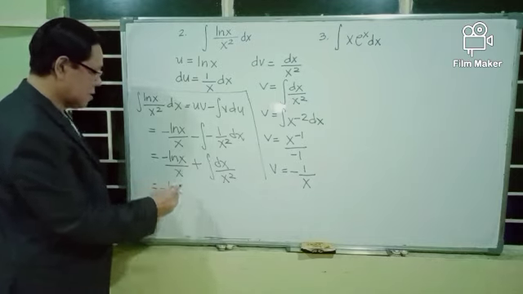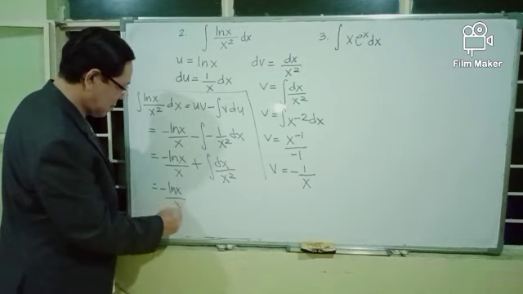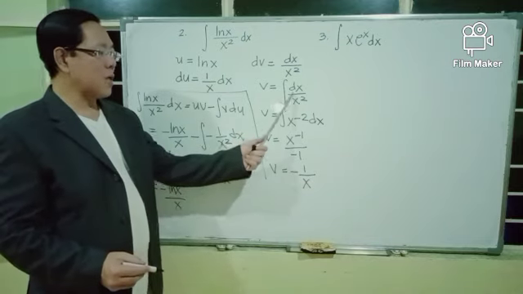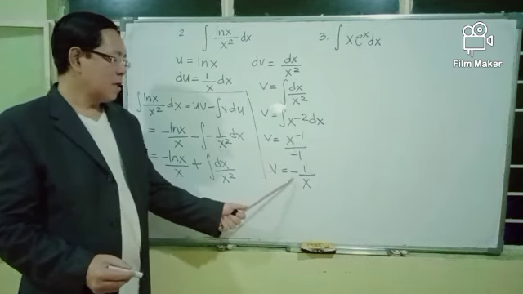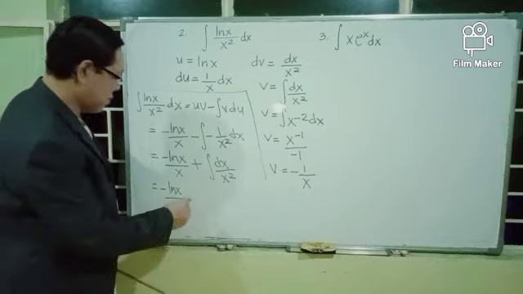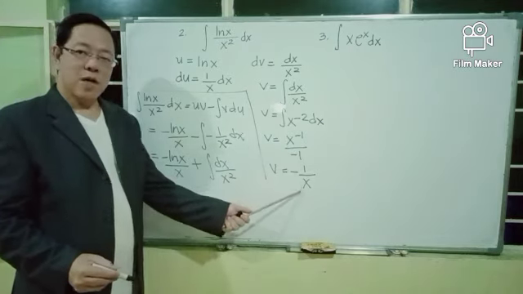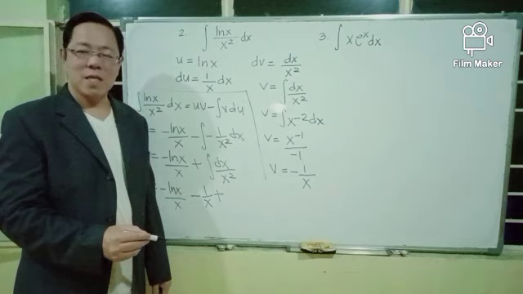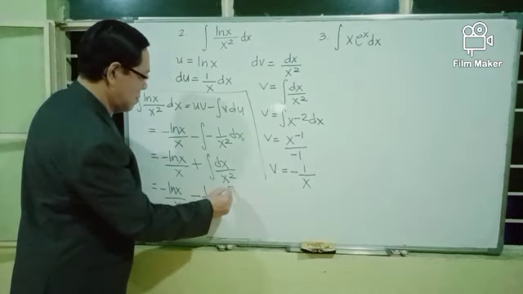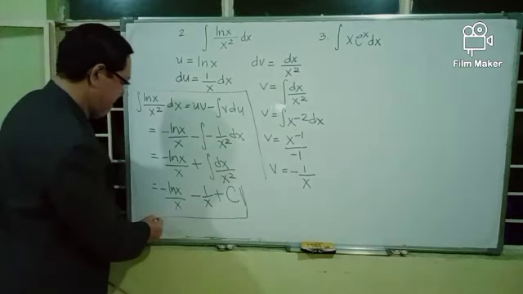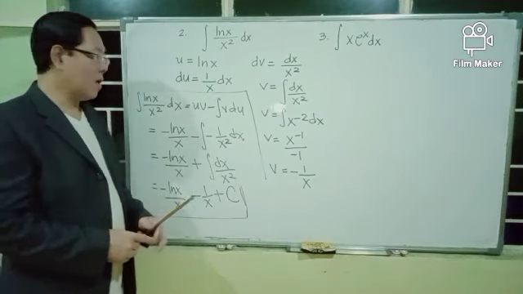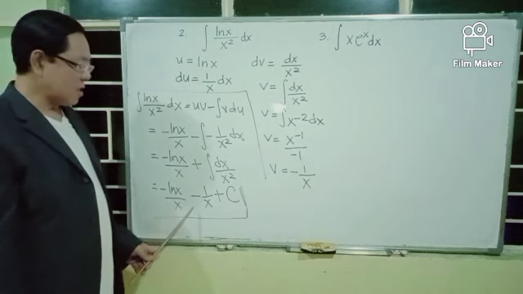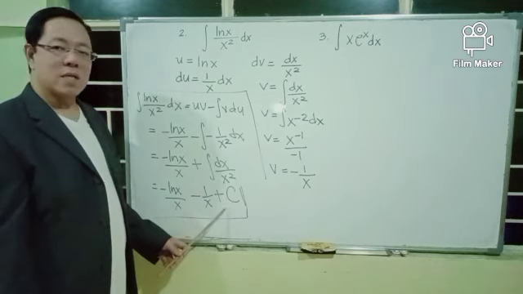So we have negative ln x divided by x, and negative times positive is negative 1 over x, plus the constant of integration, capital C. This is the integral of ln x over x squared with respect to x: negative ln x over x minus 1 over x plus C.